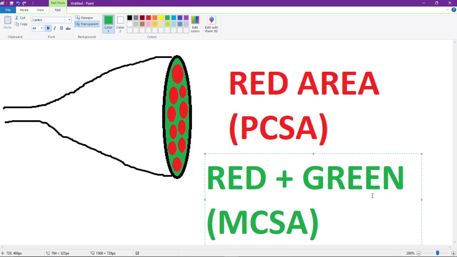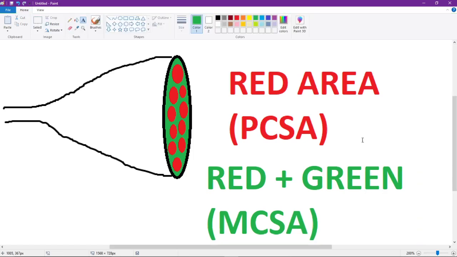So bachyo, this is the basic difference between the two. So if we take only the red area, that will be the PCSA, and if I take the red area plus green area, it will be the MCSA.